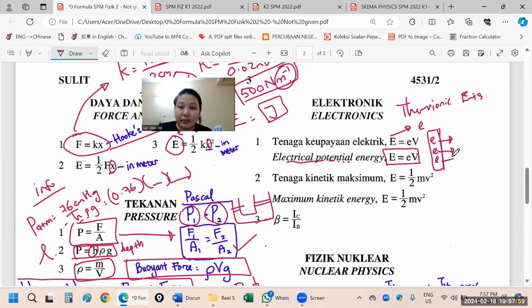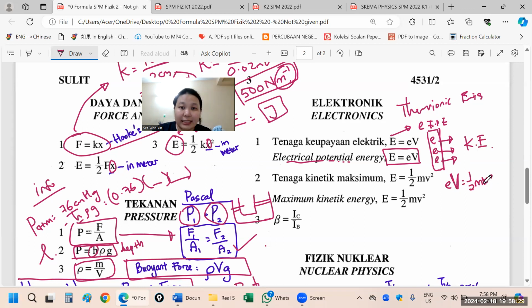Then when it goes up, it changes from electrical potential energy to kinetic energy. So we can use eV equals half mv squared. This V is voltage, this v is speed. Capital V, voltage; small v, speed.